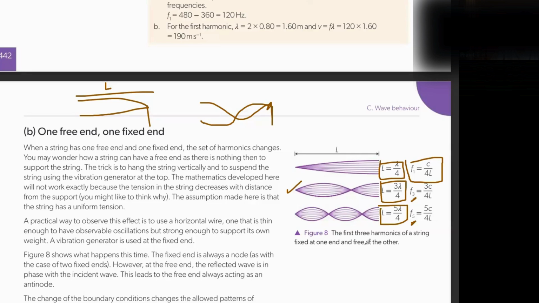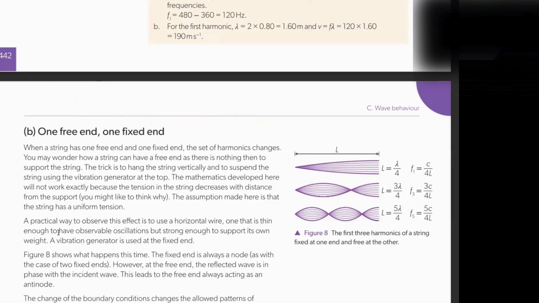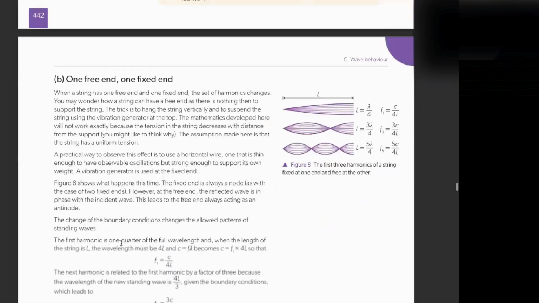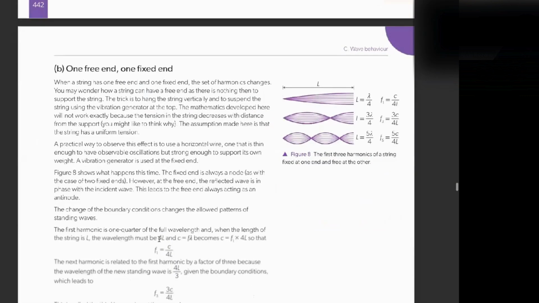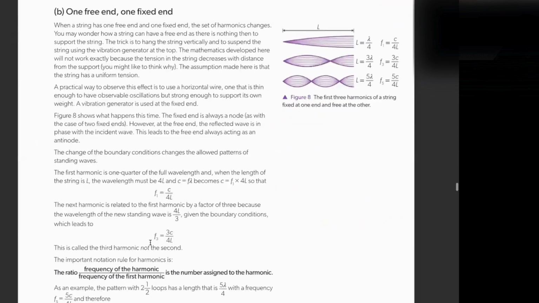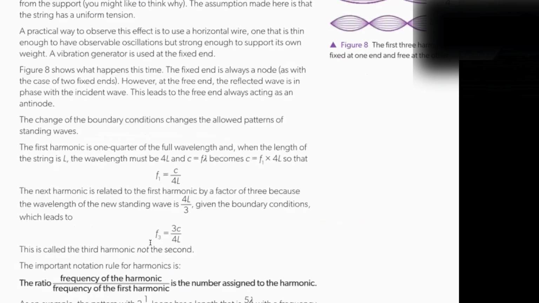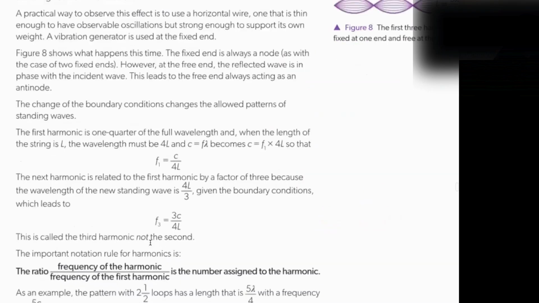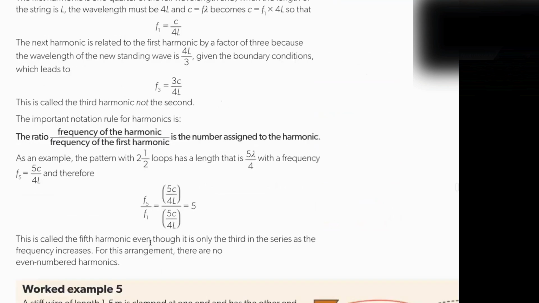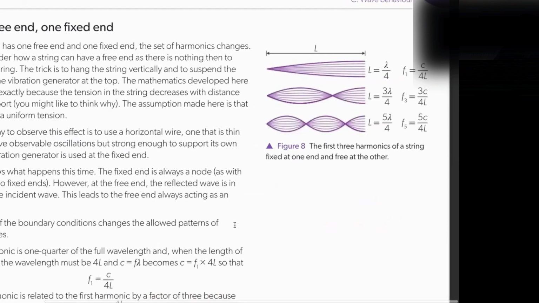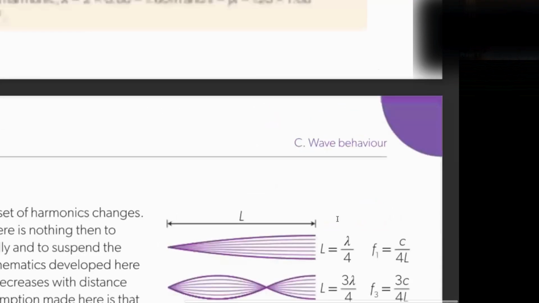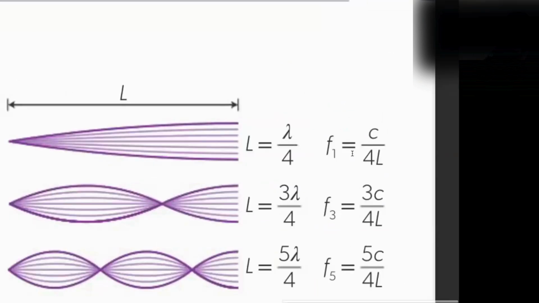And I think they have names. Have they given the names here? Okay, there's a small difference. The first one is called first harmonic. The second is called third harmonic. The third is fifth harmonic.